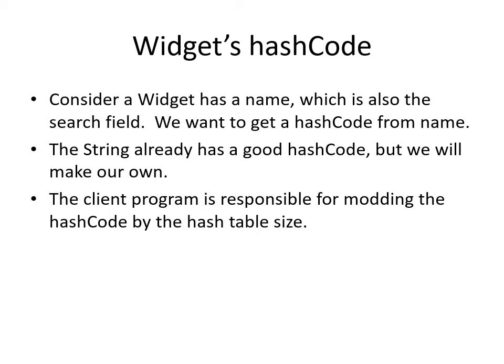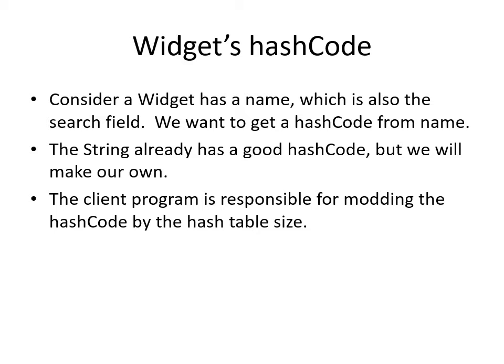So imagine that we've already got a bunch of instances of widgets stored in a hash table, and the client then wants to search for a particular widget. So they'll type in the name of the widget they're looking for, and the search will report back whether or not they found it.